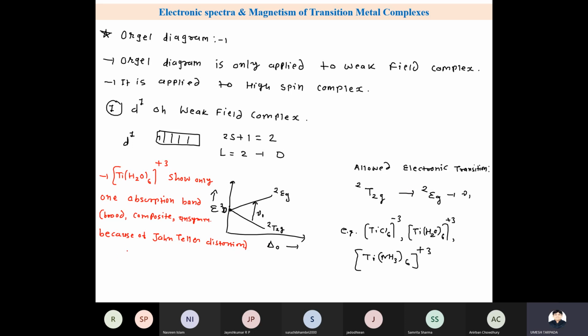This band, for the case of H2O, is at around 20,400 centimeter inverse.